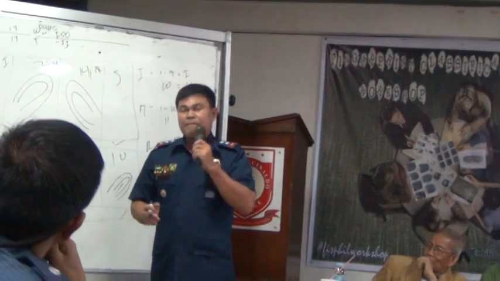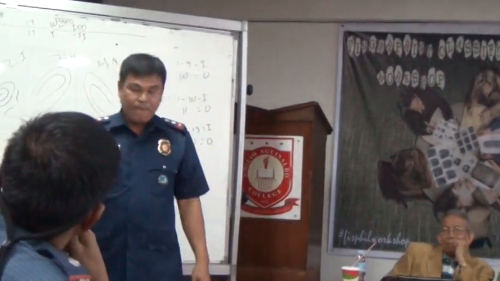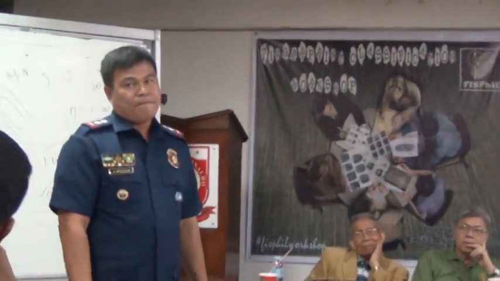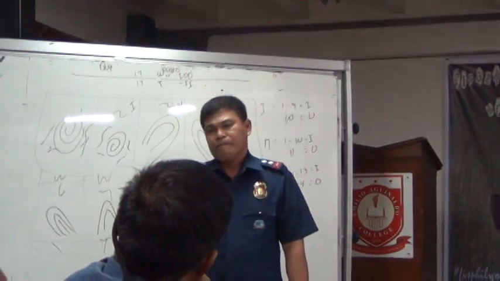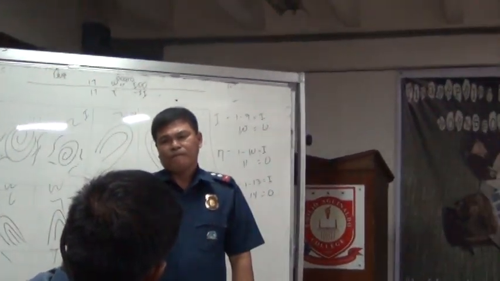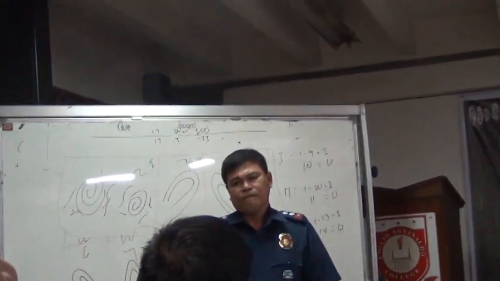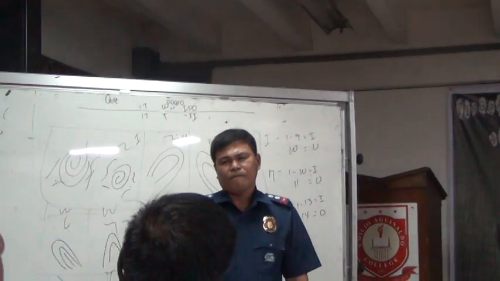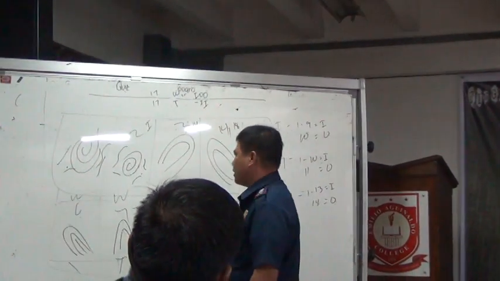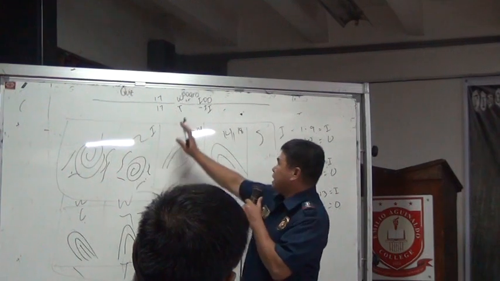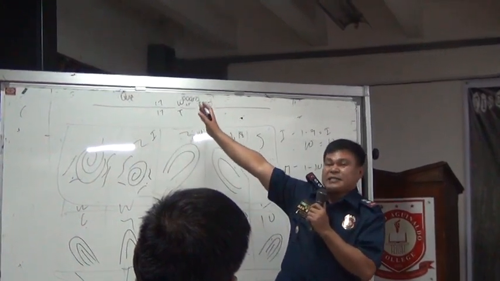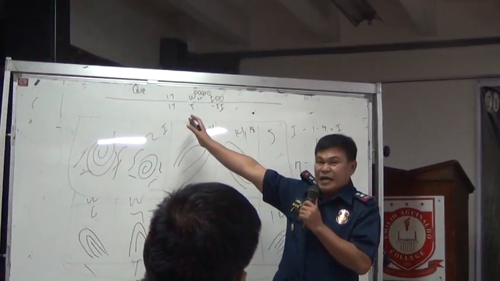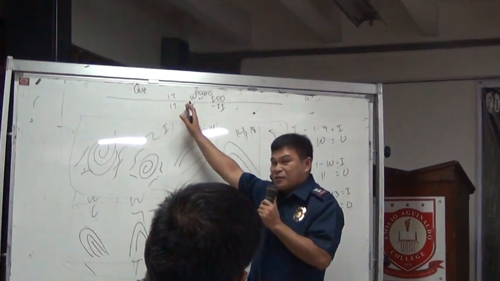Before you proceed with sub-secondary, I have a question with regards to other types of whorl. Like say for example, if central pocket loop appear in your right index, what is your capital letter? C. Alin po? Dito. Yes. For the secondary classification.